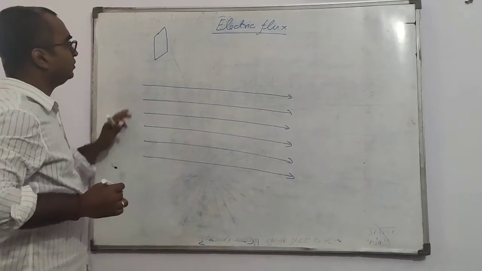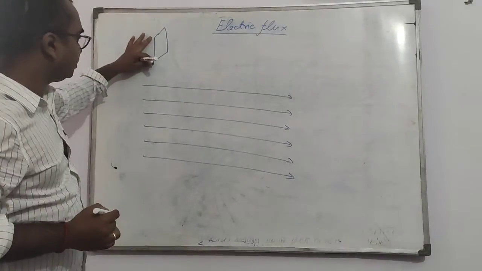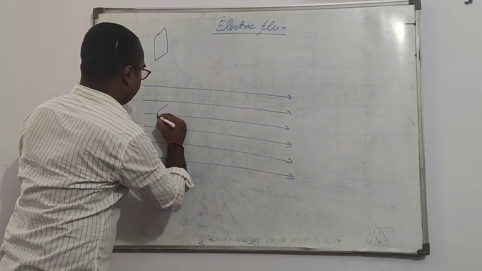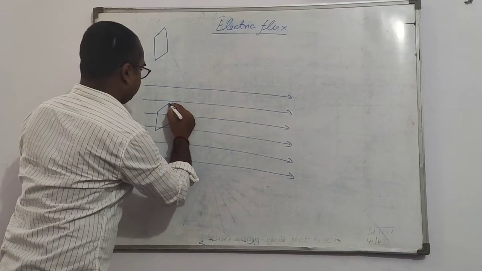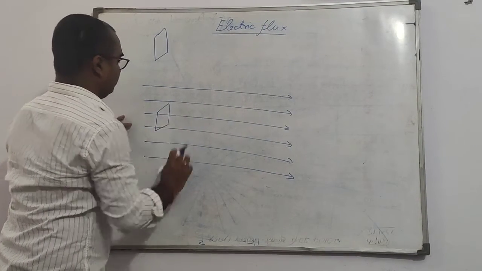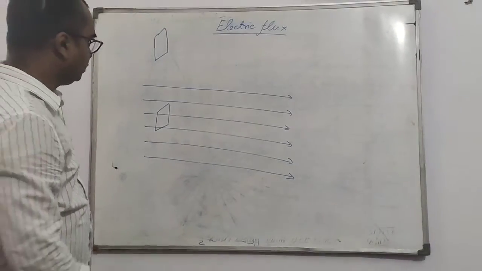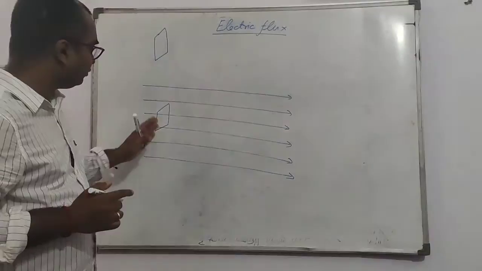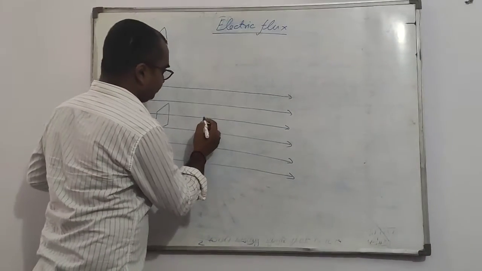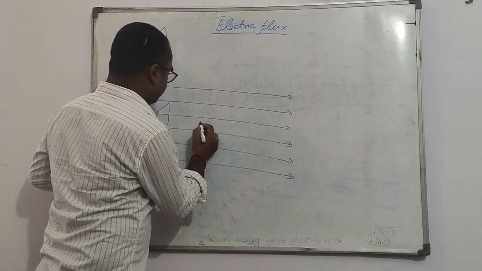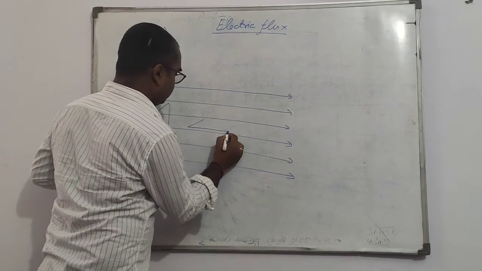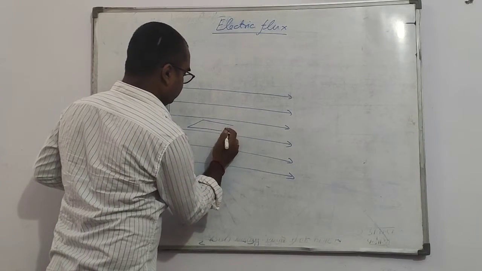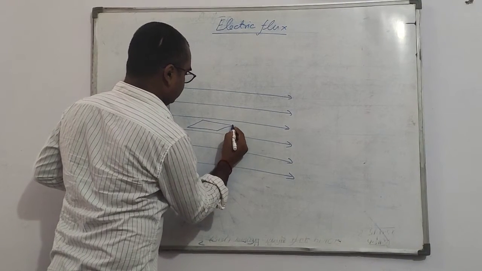So we have taken this surface area, and that surface area is this much only. We can put it perpendicular to the field lines, in front of them. Next, the same surface area, but we are putting it in this way.